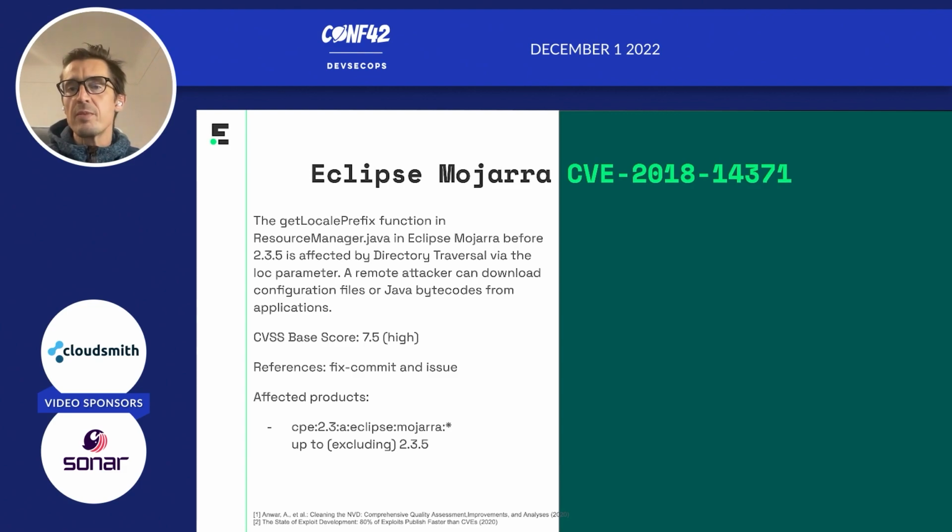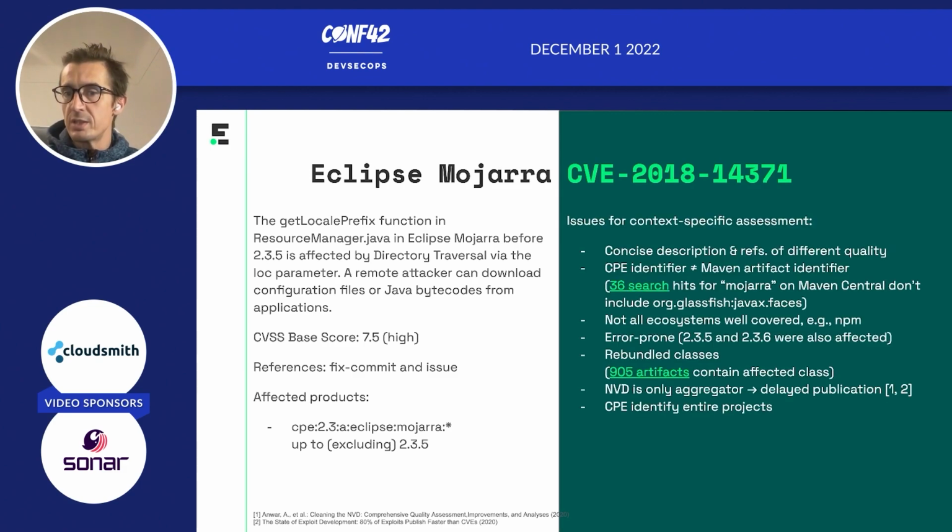So why is it difficult for developers to use this information for context-specific assessment? First, the description is very short and concise. So if Eclipse Mojarra is a transitive dependency, how could an application developer ever know whether the method getLocalePrefix in the class ResourceManager matters in his application context?